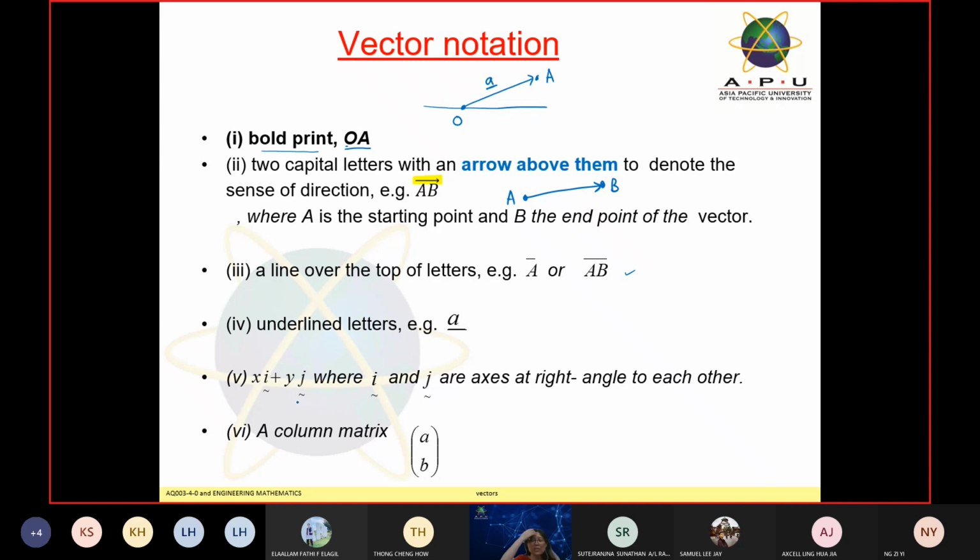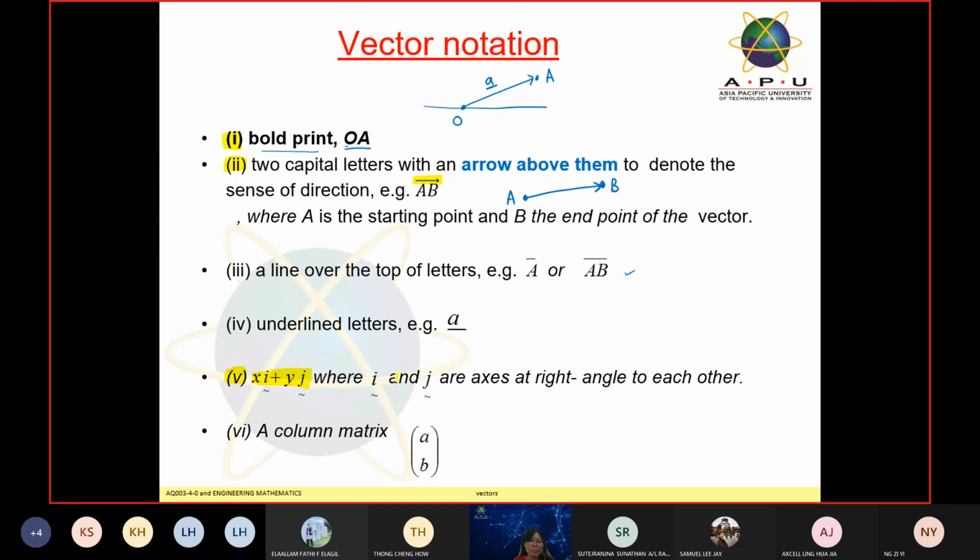And the other one is writing it as xi plus yj. This one should be quite common. From what we have studied, the first one is also quite common in those reference books, and number 5 is also quite common.